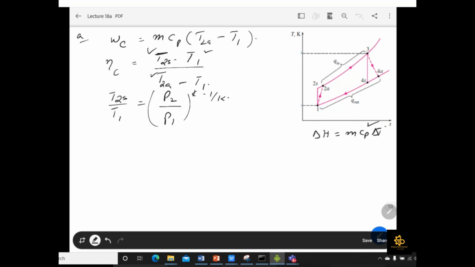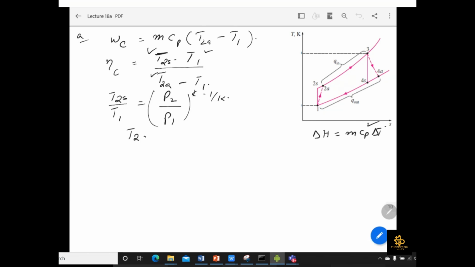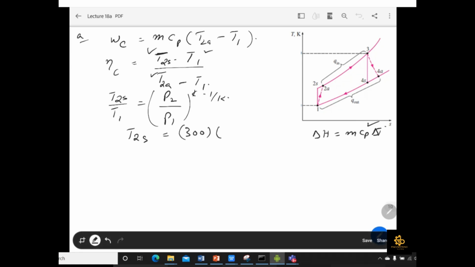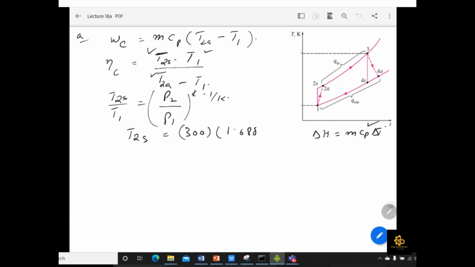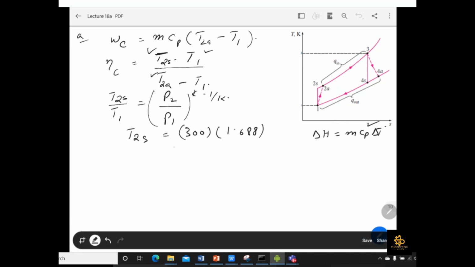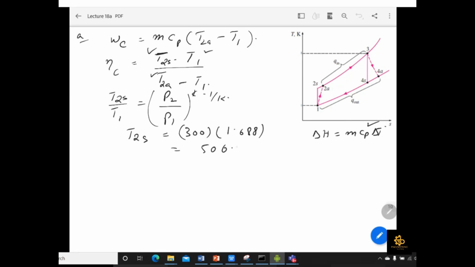So you put in the value and easily find T2s, which is 300 into the RP value term, 1.688, and it turns out to be 506.4 Kelvin.